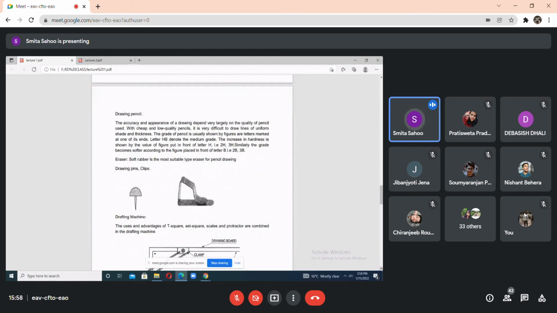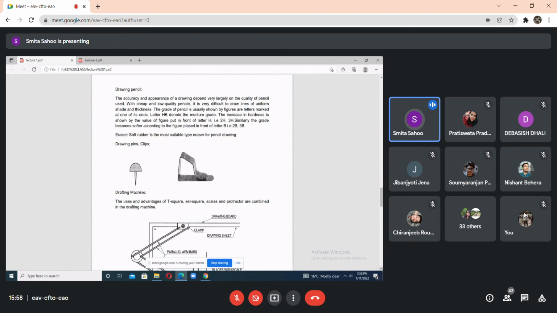And then the main thing is our drawing pencil. This pencil should not be of low quality, otherwise we won't have a uniform thickness while drawing any lines or curves.